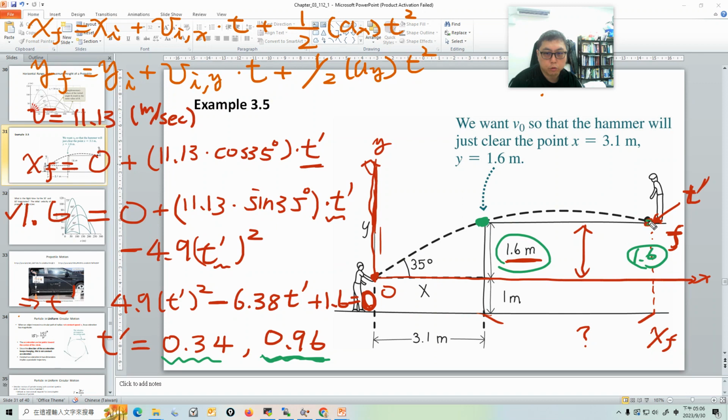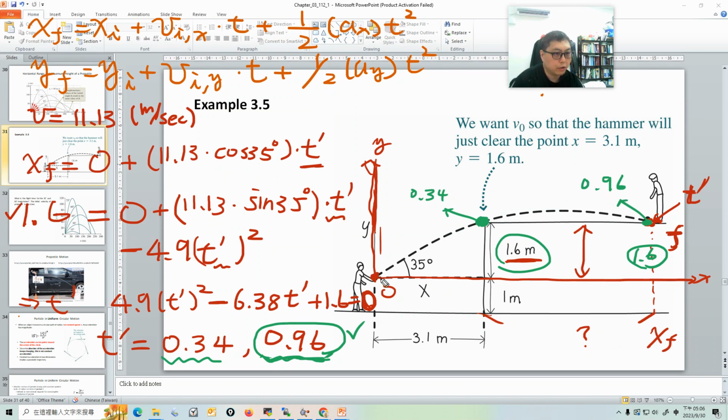That's why we have two solutions: t equals 0.34 is for here, and 0.96 is for there. The object flies longer to reach this point, and we want to calculate the distance here, so we need the bigger t prime.